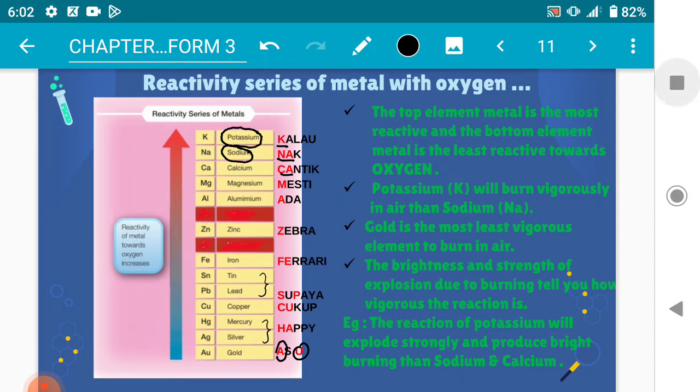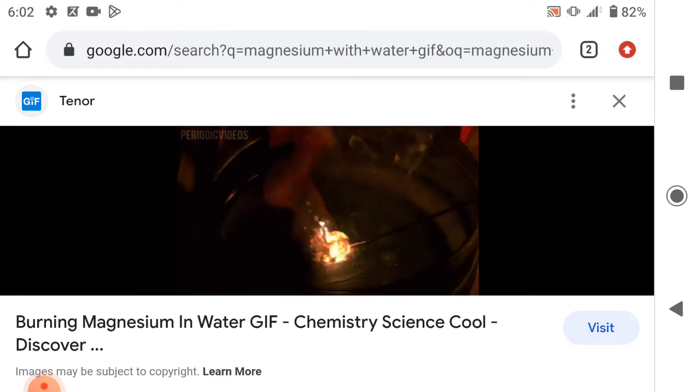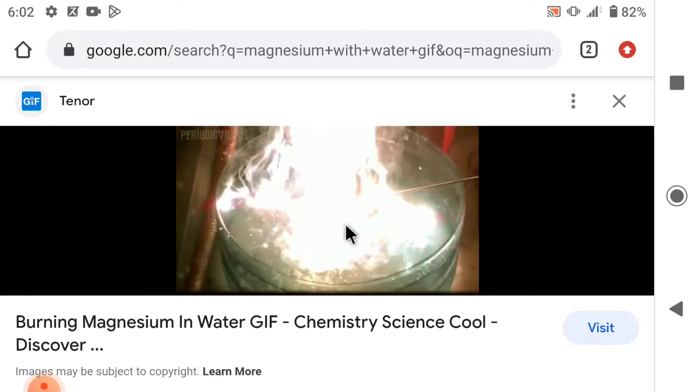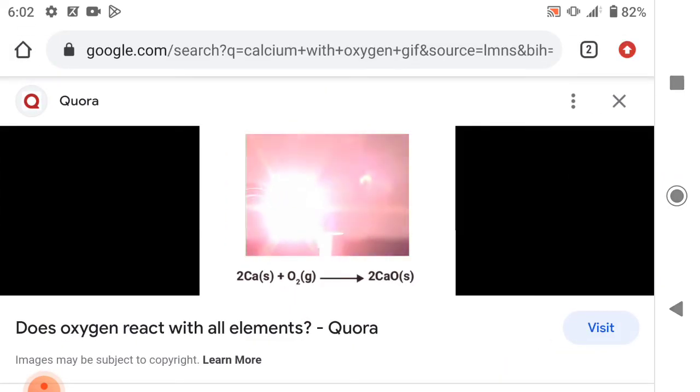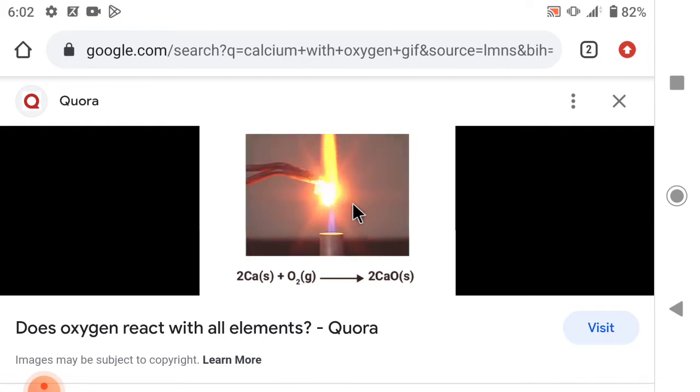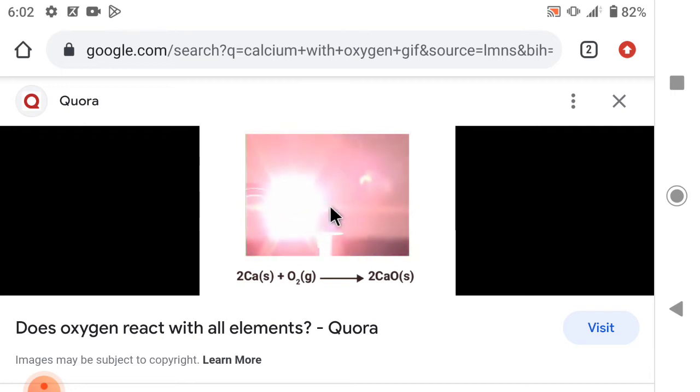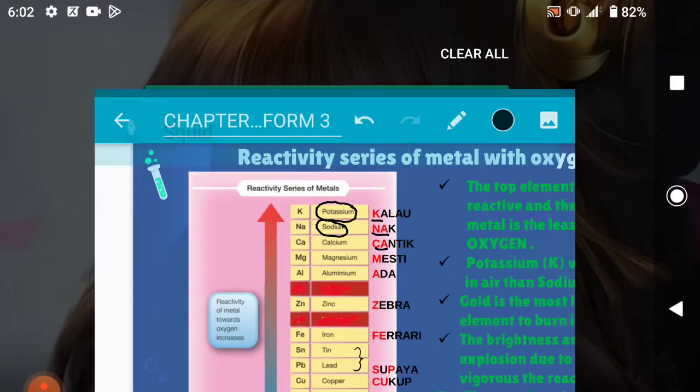So as you can see over here, this is the reaction of magnesium with water, but this one is with air or with oxygen. You can see the burning of calcium in air produces a very bright light due to explosion, and this indicates the reactivity of the calcium.